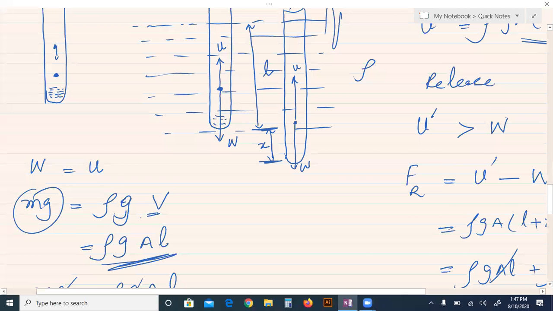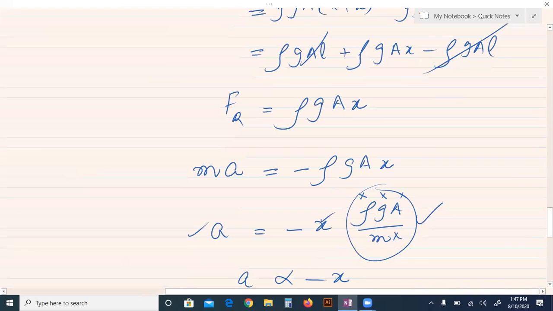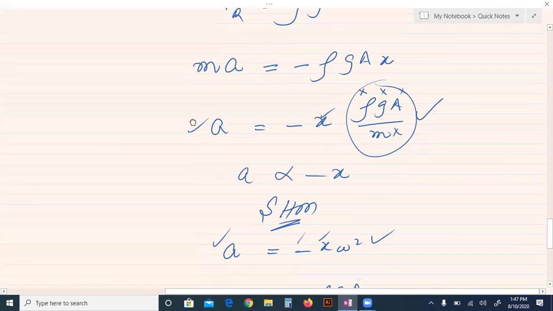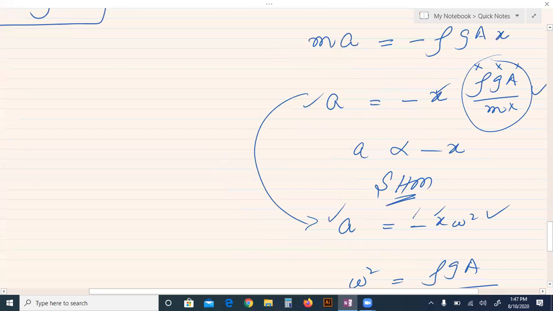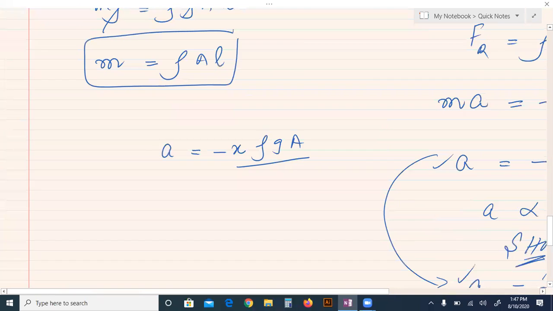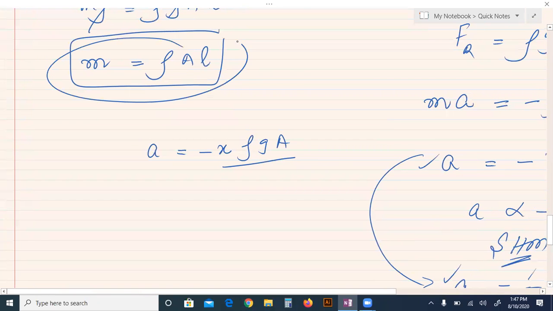Okay, if the question is, from this equation, derive this one. So a is equal to minus x rho Ag over m. Instead of the m, we will write rho AL.